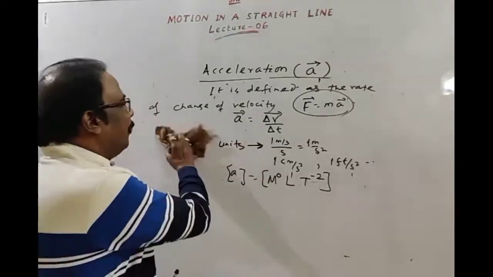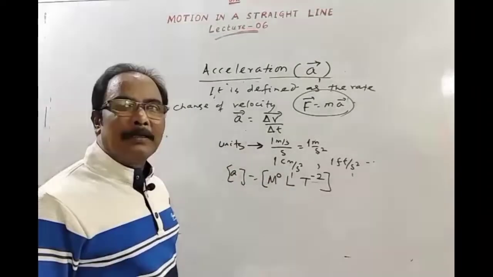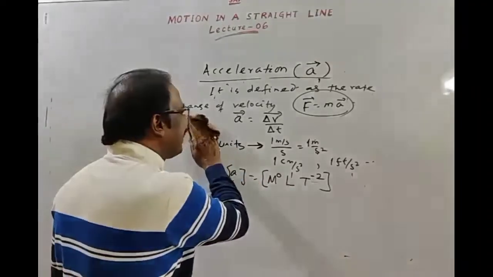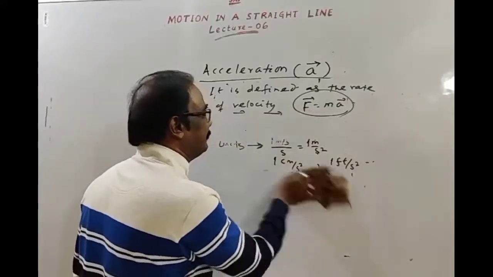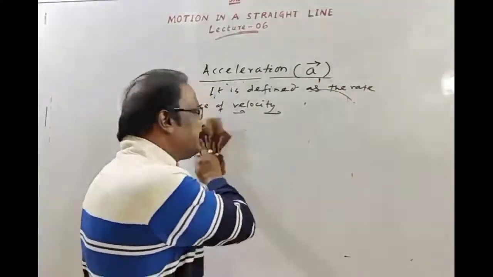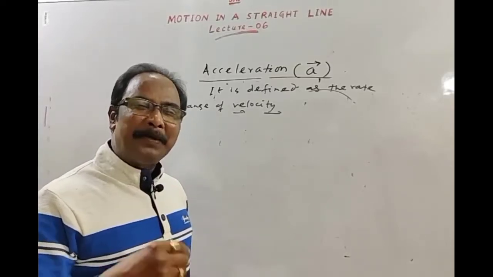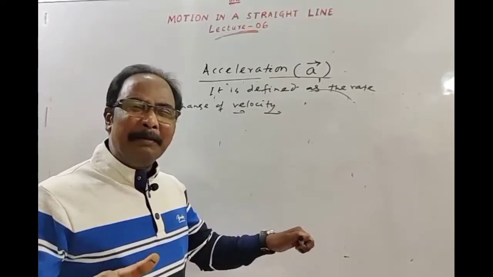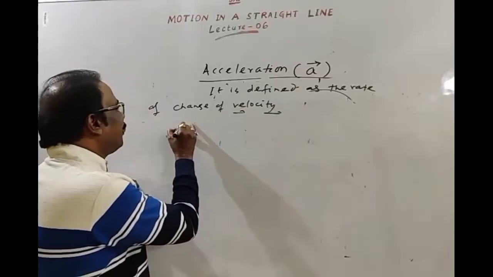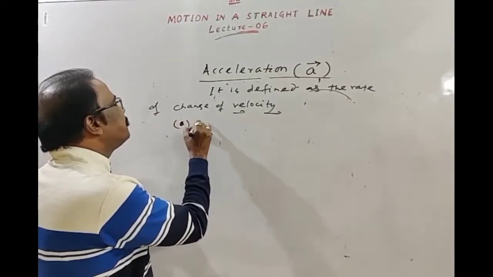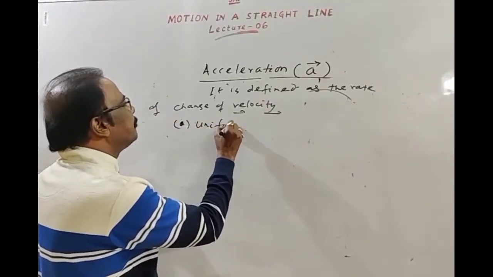We'll analyze the complete form of acceleration. Then types of acceleration. As usual, as with types of velocity, types of acceleration are all in similar form. Number one, uniform acceleration.